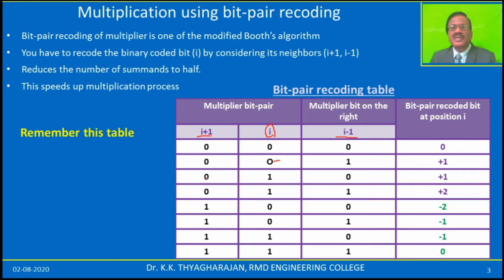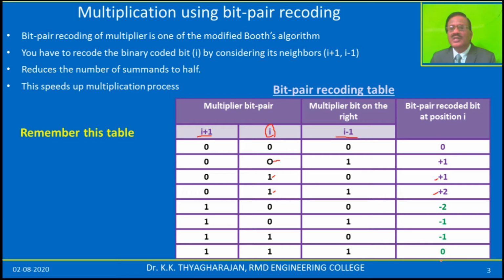If the bits are 0, 1, 0, then this ith bit should be recoded as plus 1. Now, if the bits are 0, 1, 1, then this ith bit should be recoded as plus 2. Similarly, if it is 1, 0, 0, then it is minus 2. Then if 1, 0, 1, then it is minus 1. Then 1, 1, 0 means minus 1 again.